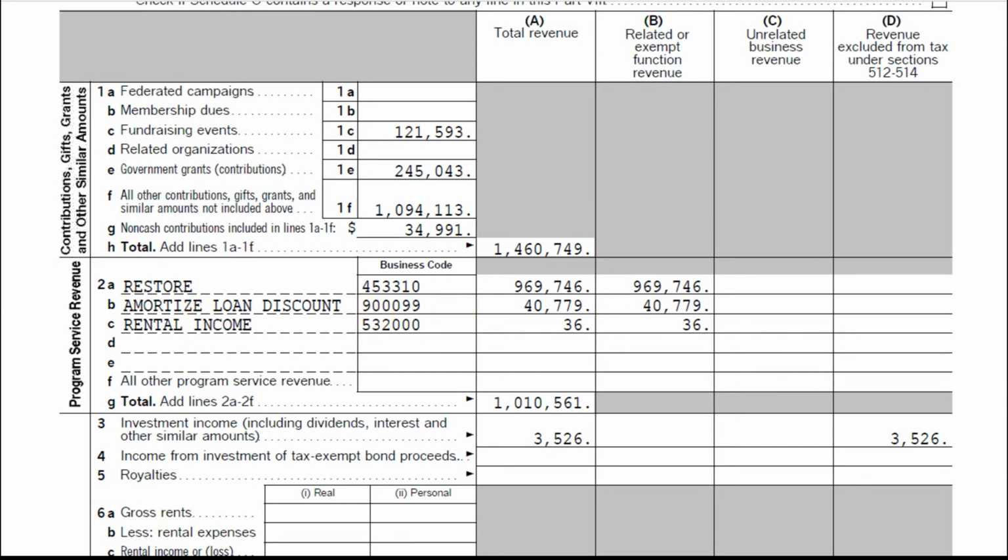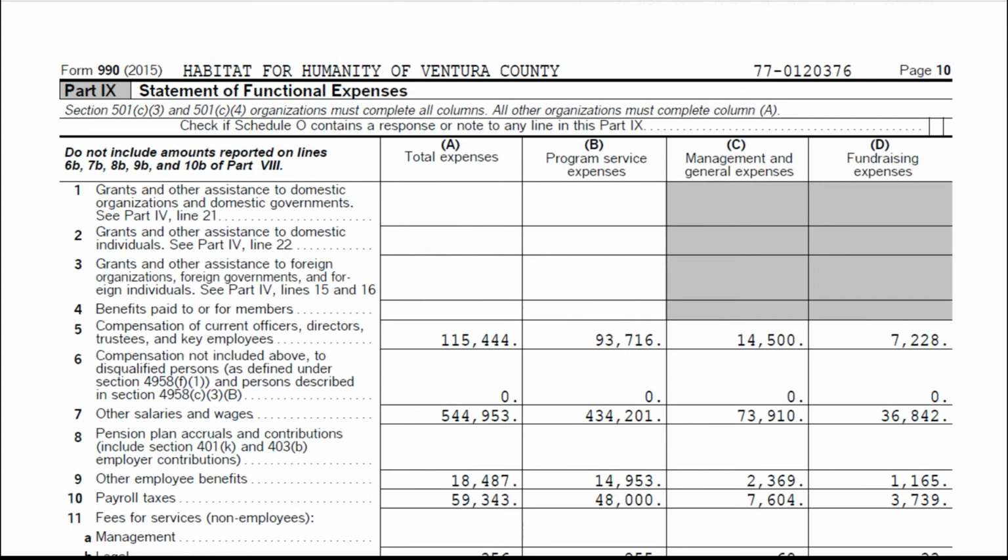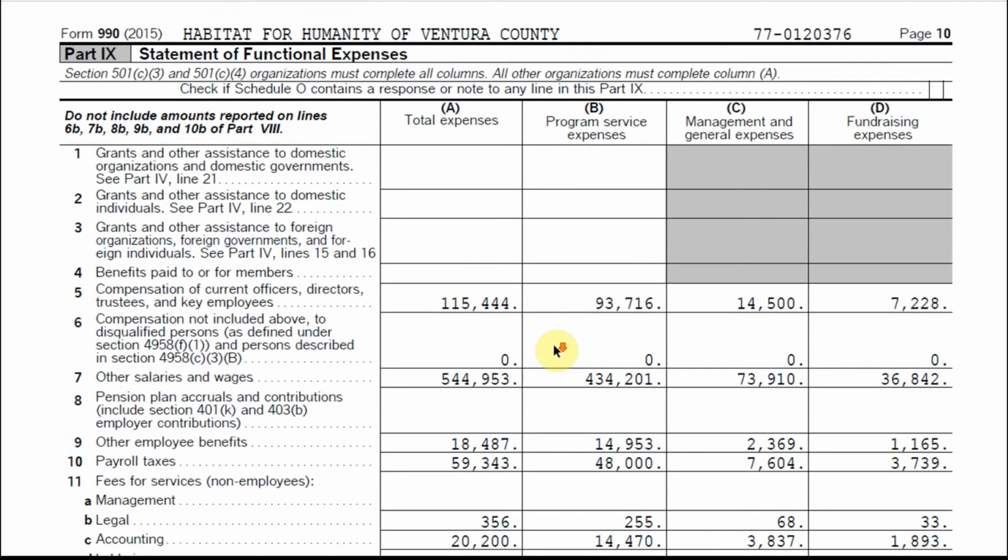When we look at the functional expenses, this answers the 7th question for me, which is about how do they spend their money. And each line item is further segmented by programs, by overhead and fundraising. So it's definitely worth a review.